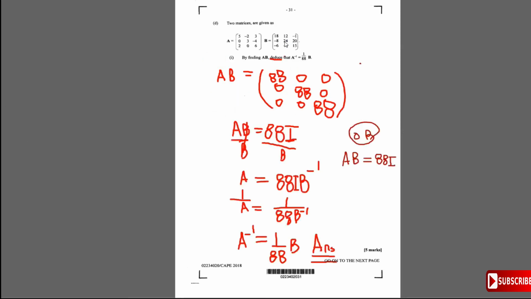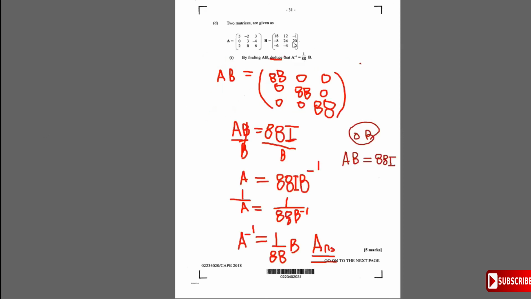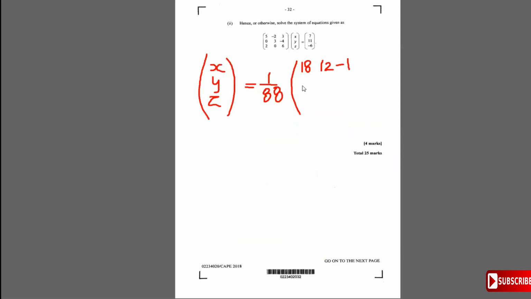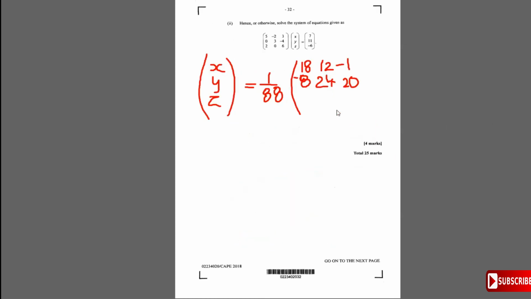Matrix B is given by 18, 12, minus 1, minus 8, 24, 20, minus 6, minus 4, 15.